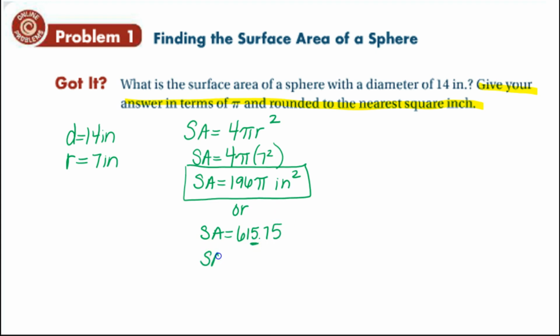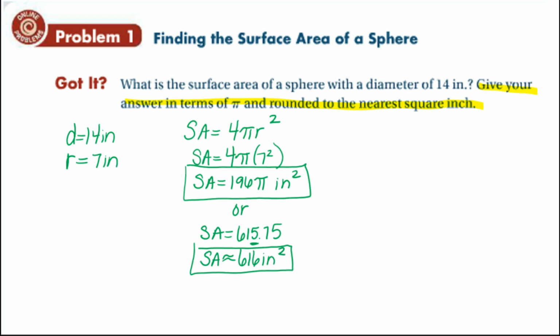So my surface area is approximately 616 square inches. So you need to pay attention to how they are asking for your answer. All right, in your groups, questions 1 and 2 on that page, please.